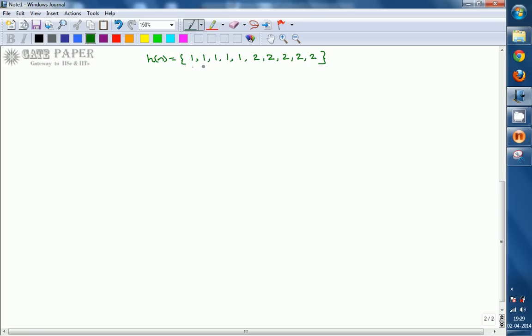So this is minus 3, minus 2, minus 1, and this is the 0th position. So this is the h of n we got now. So by verifying the stability, we have a condition for stability: summation n equals minus infinity to infinity of mod h of n must be less than infinity. This is the condition for stability.